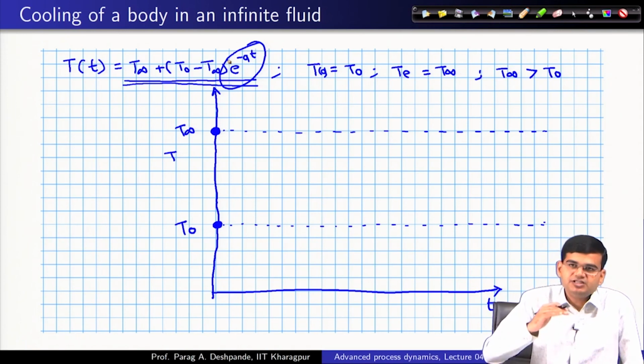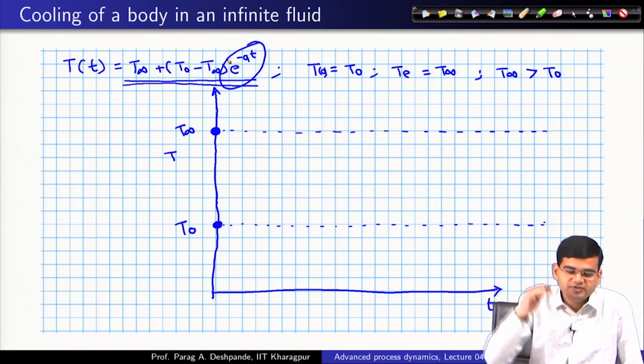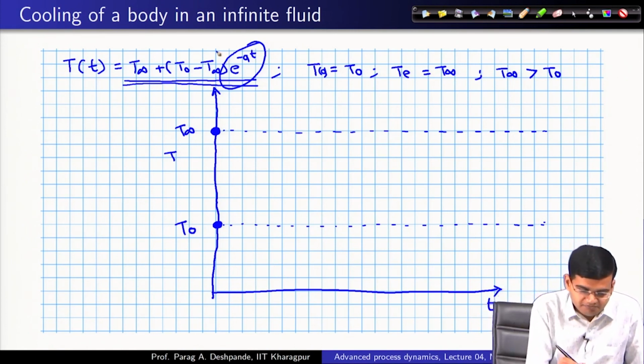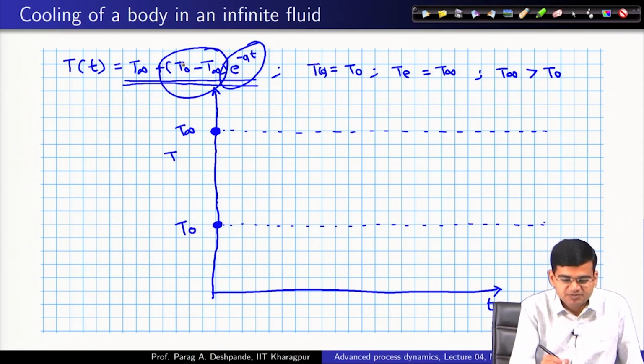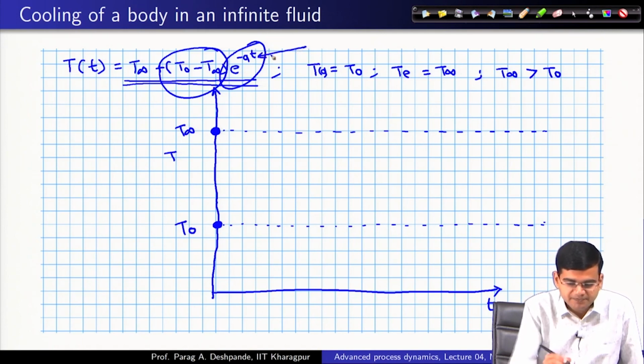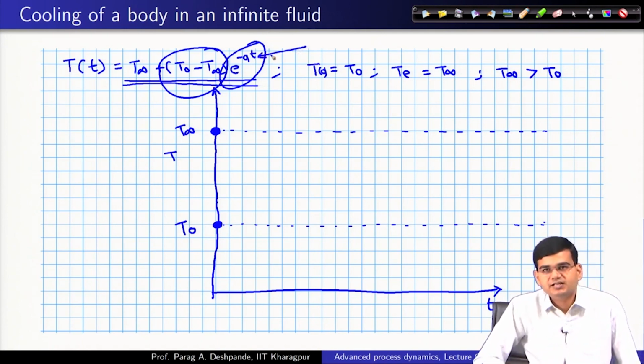You will start with T 0, and your ultimate value T infinity is reached by multiplication of T minus T infinity by an exponentially decaying function. This is how we understand the equation.